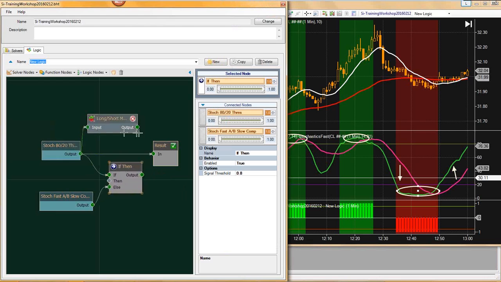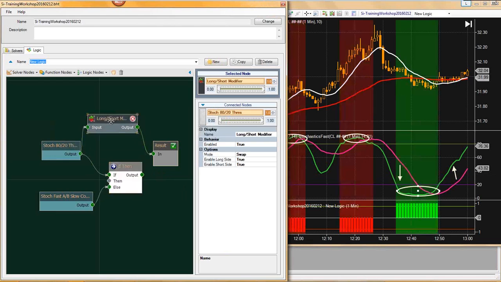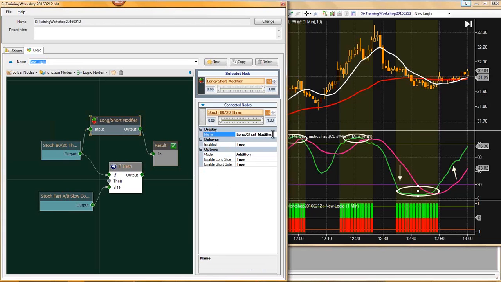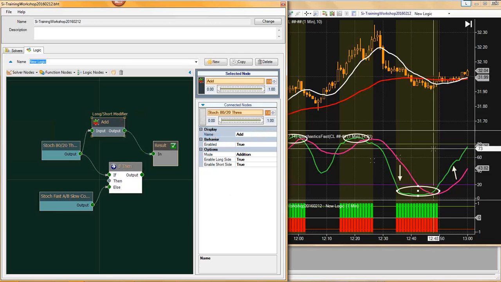So what we're going to do is use this long short modifier, and put it in addition mode, like that. Let me just put a name on there, addition mode.